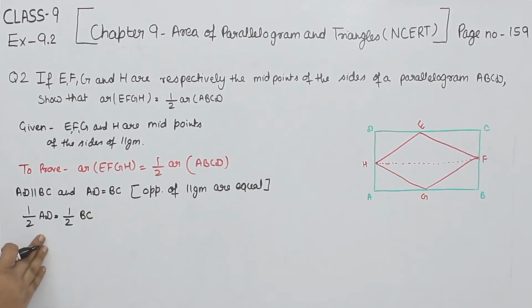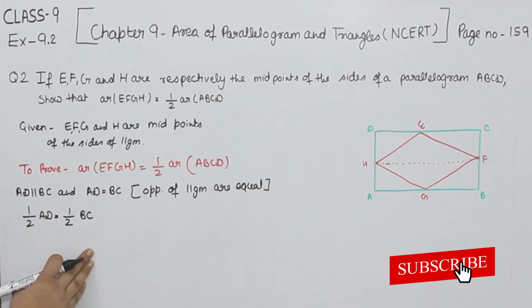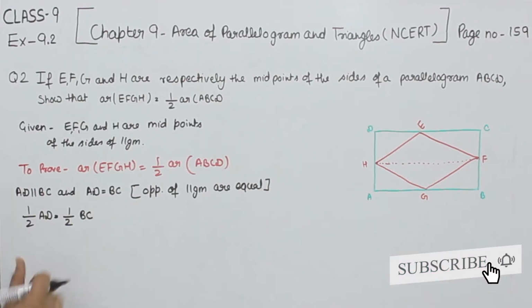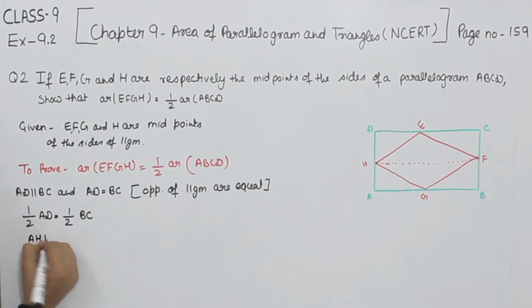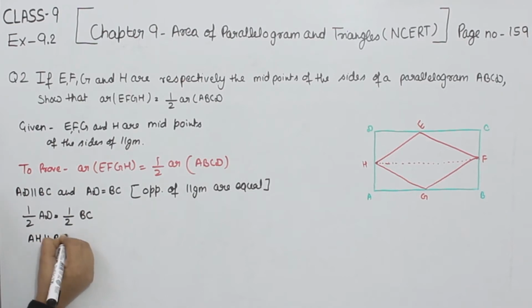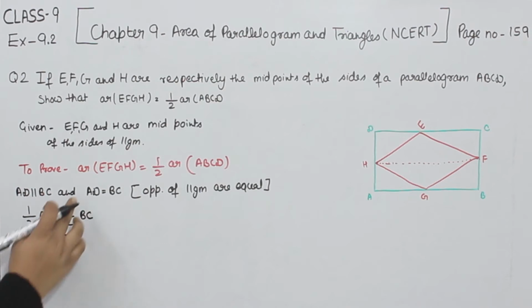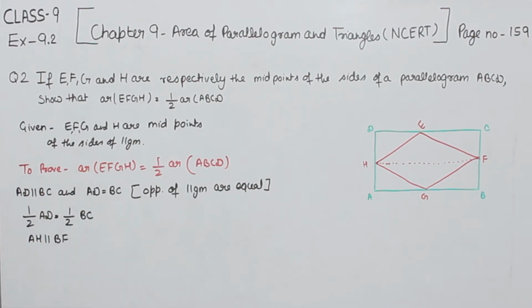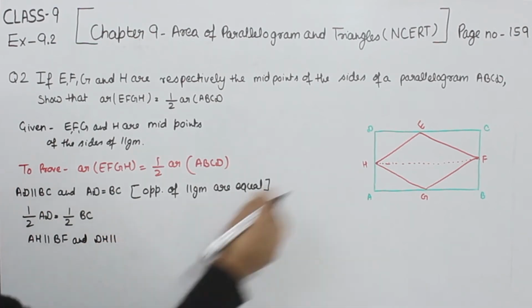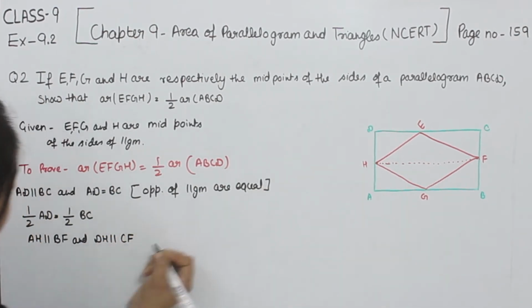So if half of AD is equal to half of BC, then AH is parallel to BF. These are the halves of AD, and the other half DH is parallel to CF.